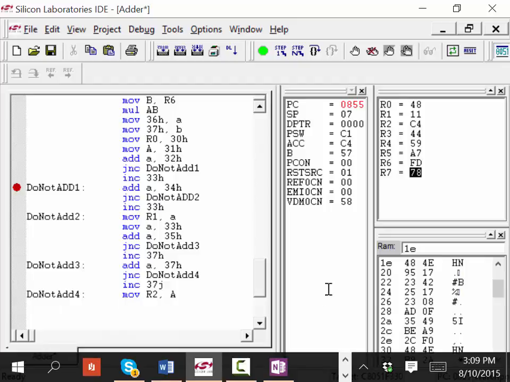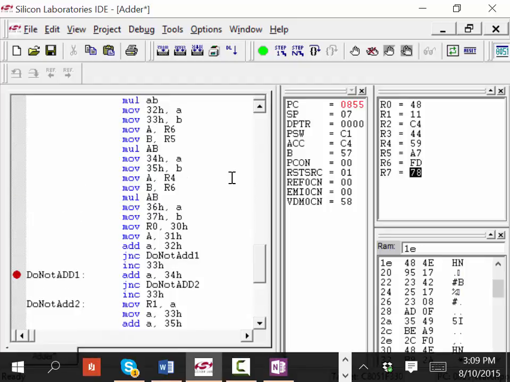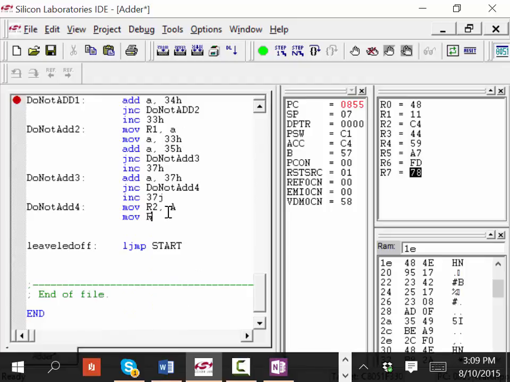And this should be R0, R3. Let's make sure we did this right. The first one goes to R0. This goes to R1. This goes to R2. And then to R3, we're going to move location 37 hex.